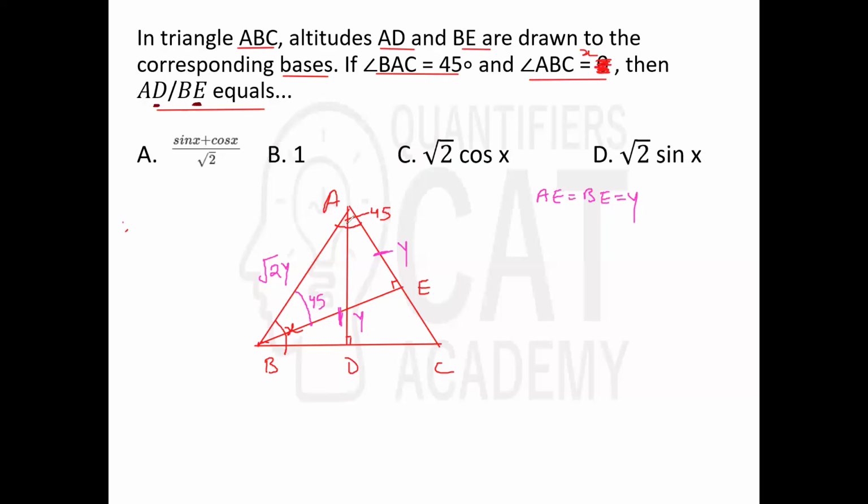Now look at this triangle ABD. See, in triangle ABD, ABD is a right angle triangle.